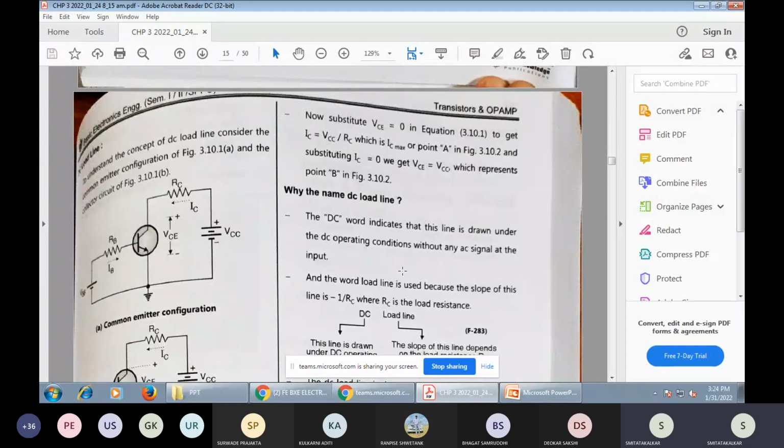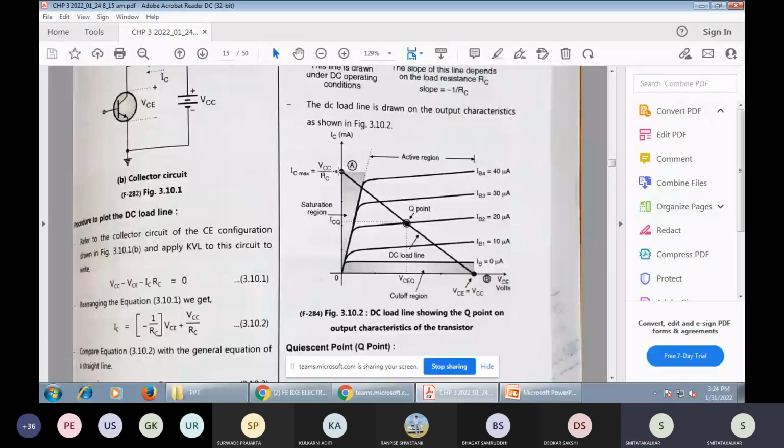If the voltage is 0, at that point the current is increased, and that point is named point A. And if the current is equal to 0, then the voltage is increased, and that point you can mention as B. At A, voltage is 0, then current is maximum.